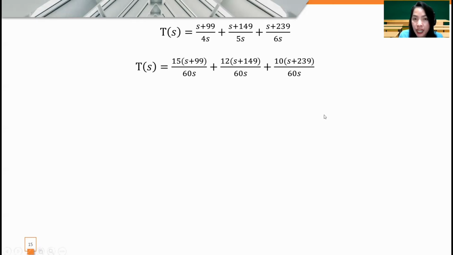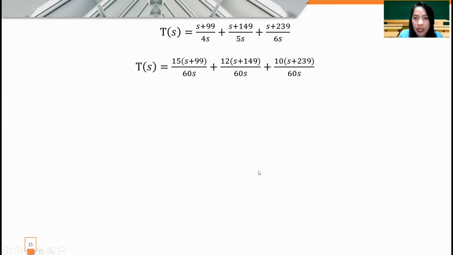So, yung 12 natin, i-multiply sa numerator sa second term, 12 times the quantity s plus 149, plus 60s divided by 6s, that is 10. And yung 10, i-multiply naman sa numerator ng third term. That is 10 times s plus 239.